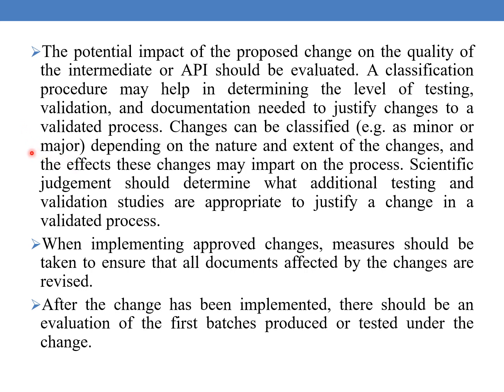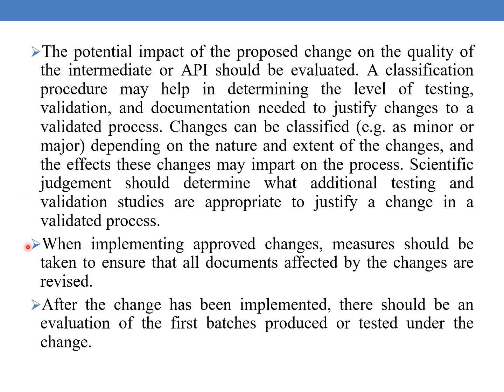Changes can be classified as either major or minor, depending upon the nature and extent of the changes and the effects these changes may have on the process. Scientific judgment should determine what additional testing and validation studies are appropriate to justify a change in a validated process.